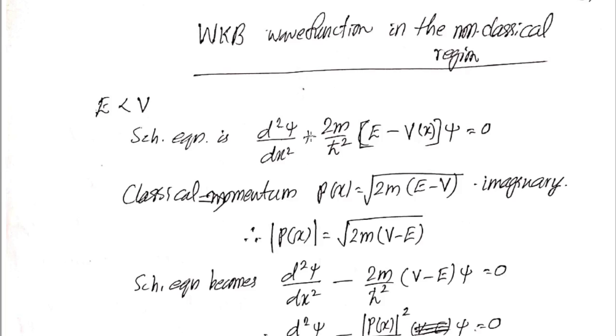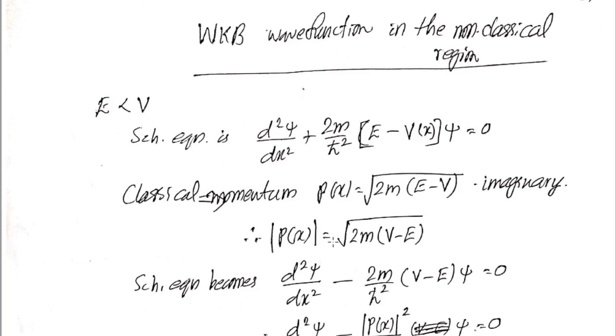So the Schrodinger equation becomes d²ψ/dx² + (2m/ħ²)(E − V(x))ψ(x) = 0. And the classical momentum p(x) will be √(2m(E − V)), and now this quantity will be purely imaginary because E is less than V. So we can take the modulus of this classical momentum.